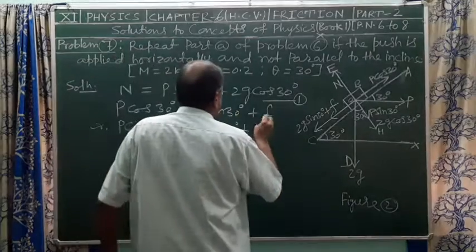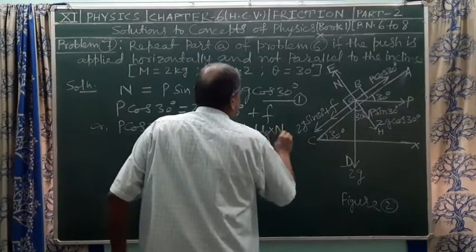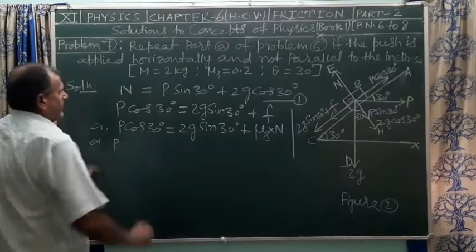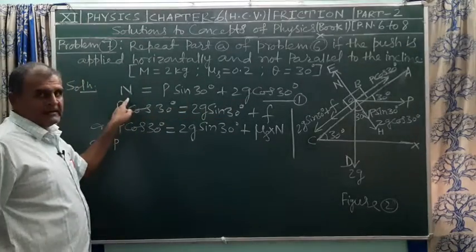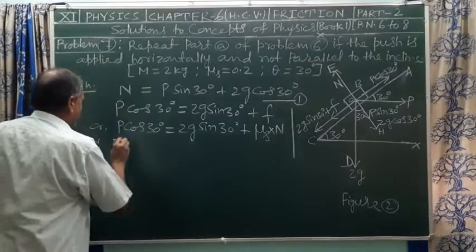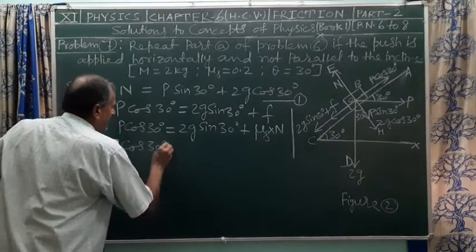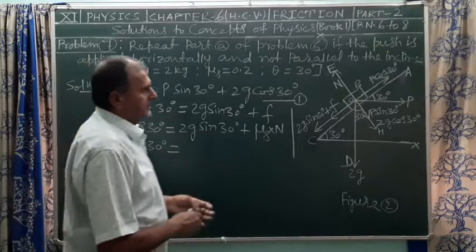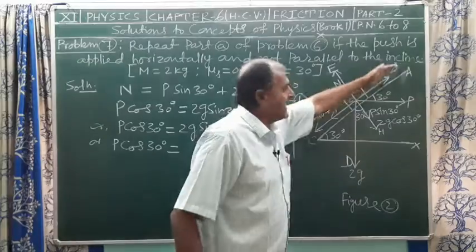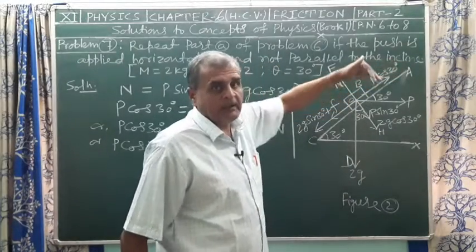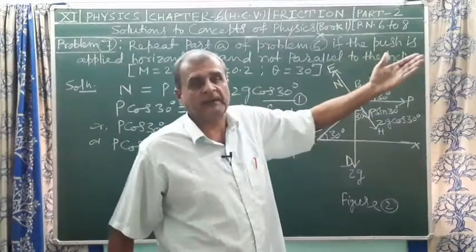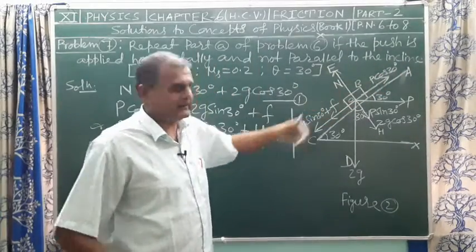So it is mu s into N, and N can be replaced by equation 1, normal reaction equal to P sin 30 degree plus 2g cos 30. So P cos 30 degree is the component of the force acting parallel to the incline, which will move the body up parallel to the incline with uniform velocity, with zero acceleration.